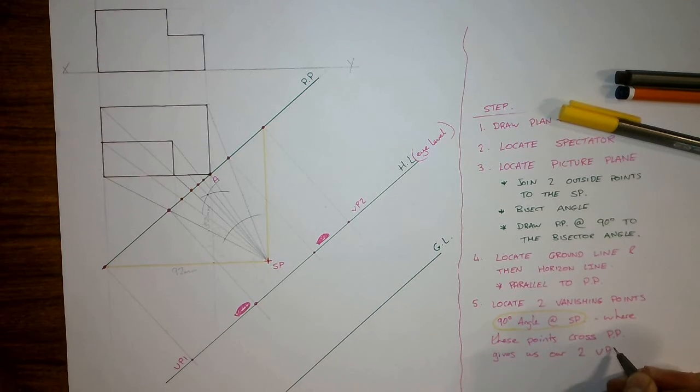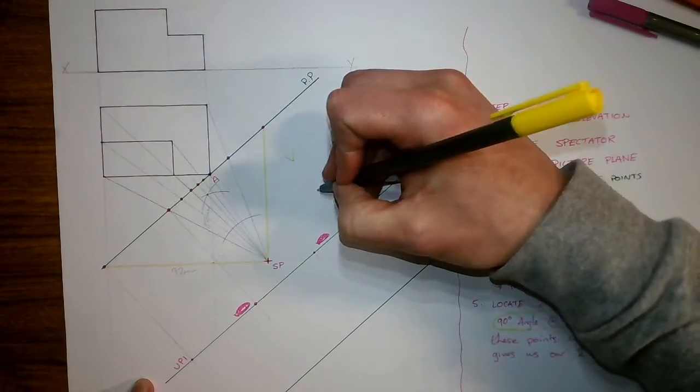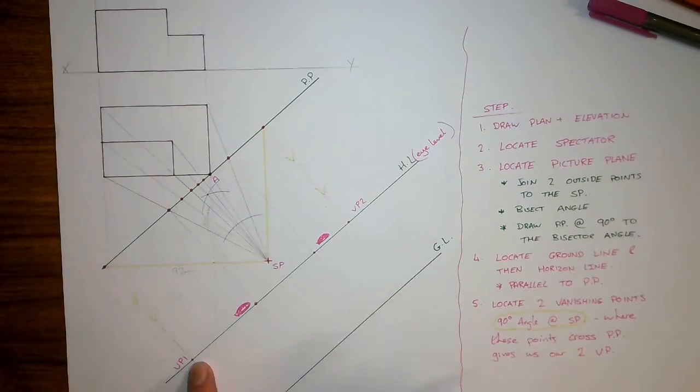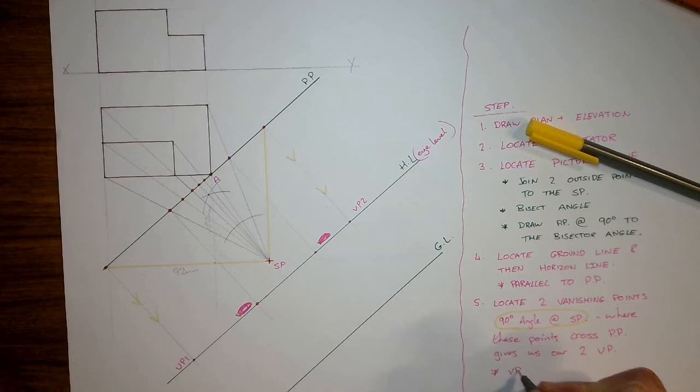Okay. So it gives us our 2 vanishing points. We then just take them down here at 90 degrees like that. Okay. Remember, vanishing points will always be on the HL or horizon line. Okay. So vanishing points will always be on the horizon line.